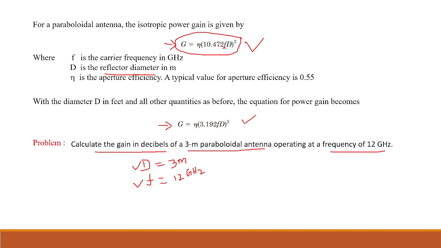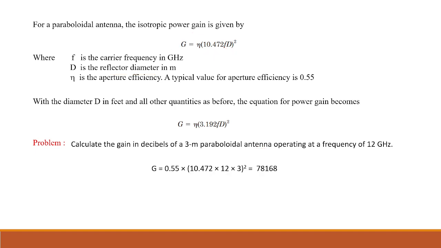The frequency and diameter are given in the question. Eta is not given directly, but we know the typical value of aperture efficiency is 0.55. So we substitute all these values.